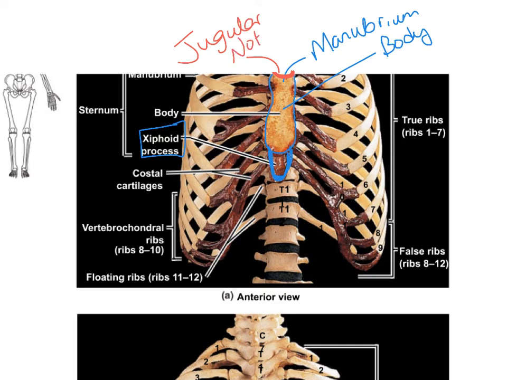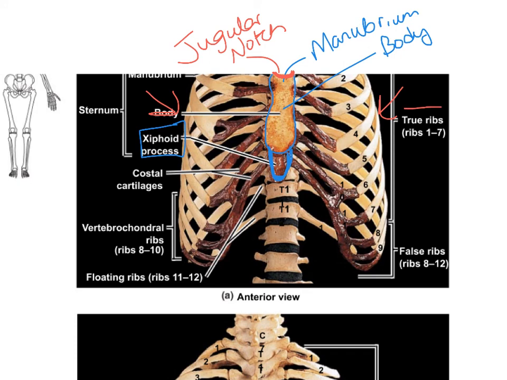These are all pieces that you have to identify for the quiz, right? Because the vertebrae and the thoracic cage are going to be on the quiz. There are 12 pairs of ribs. There's 12 on the right and 12 on the left, right?